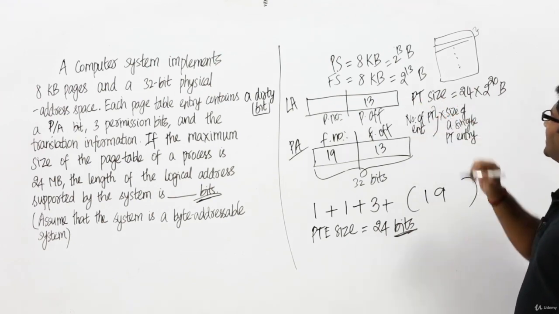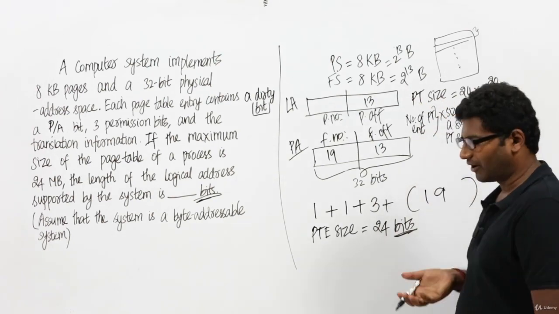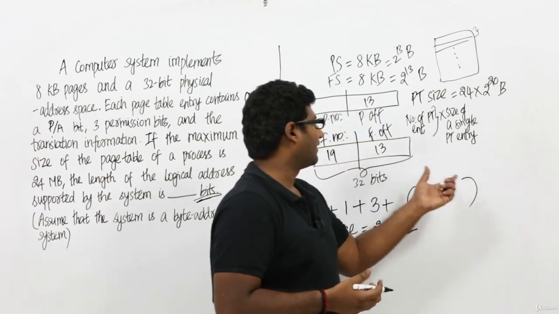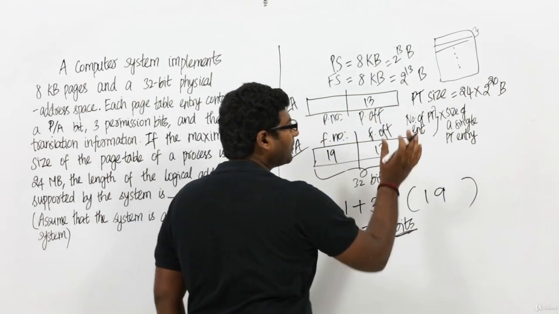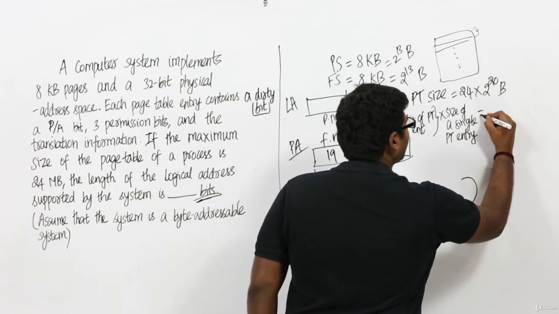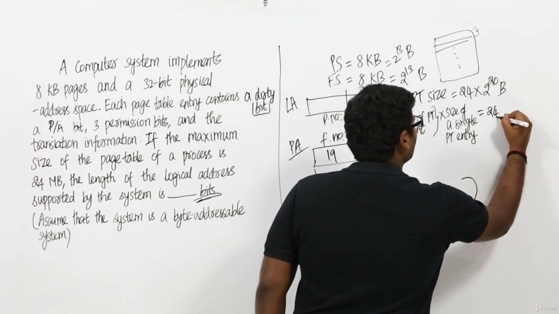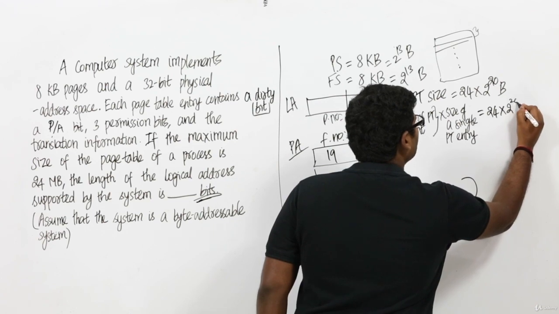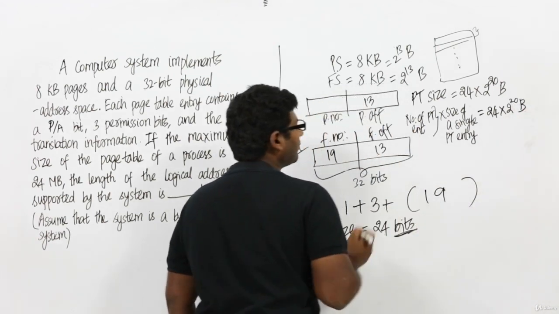This is the total size of the page table. I don't have space, so I am writing it in short. Please understand it. And they have given that this is 24 into 2 power 20 bytes, right?